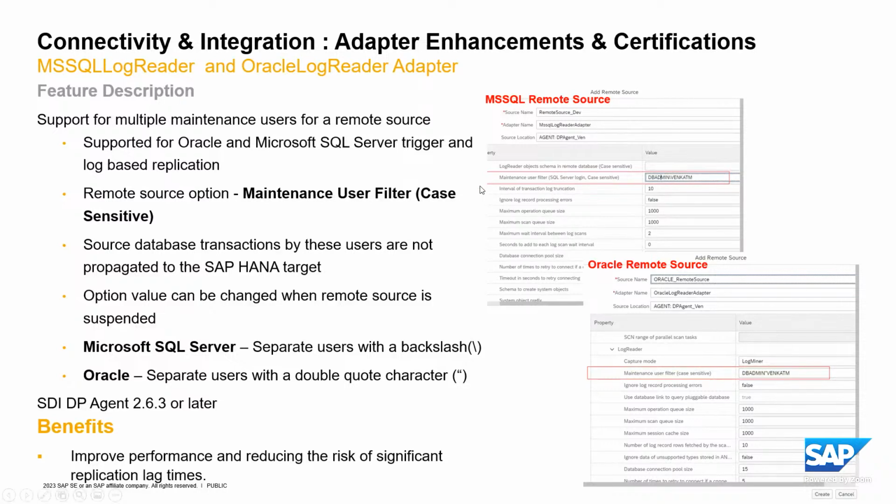That ultimately causes SDI to be unable to catch up to real time. So having the option to have more than one maintenance user ID per remote source will help filter out all unwanted source database transactions, to help improve the performance and reduce the risk of significant replication lag times.